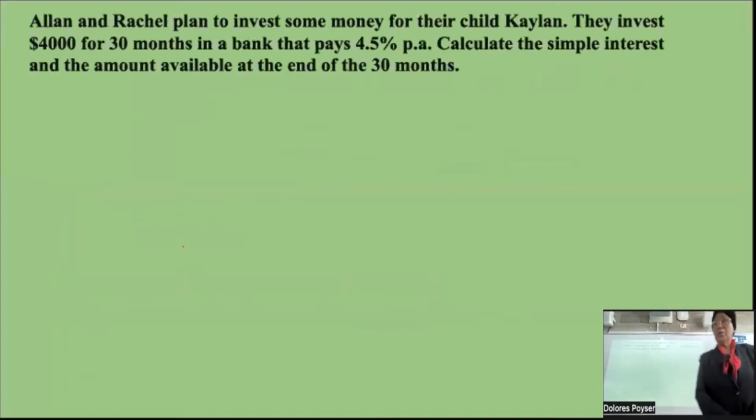Okay. So the problem is here. Alan and Rachel plan to invest some money for their child, Kaylin. They invest 4,000 for 30 months in a bank that pays 4.5% per annum. Calculate the simple interest and the amount available at the end of the 30 months.